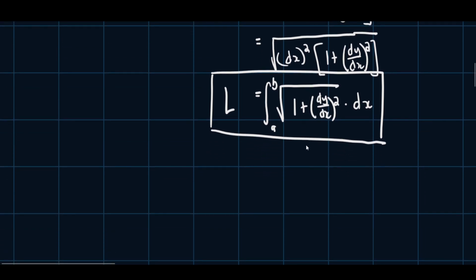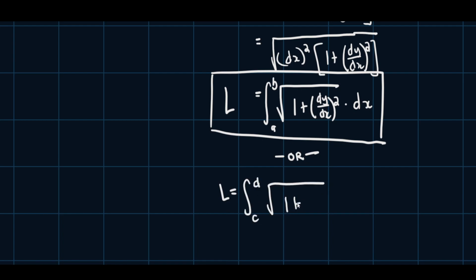So, yung arc length natin, pwede natin isipin as the integral from c to d square root of 1 plus, this time, (dx over dy) squared, or this is the derivative of x with respect to y, dy. So, kung alin yung mas appropriate or mas applicable, yun yung gagamitin nating formula.